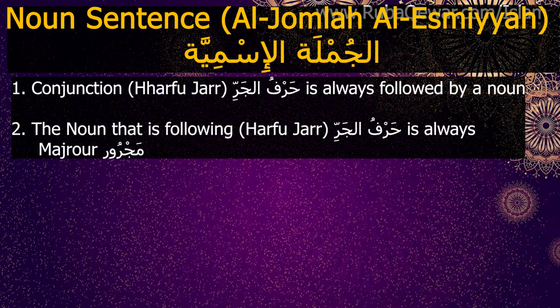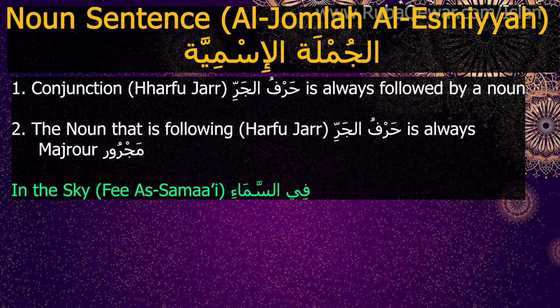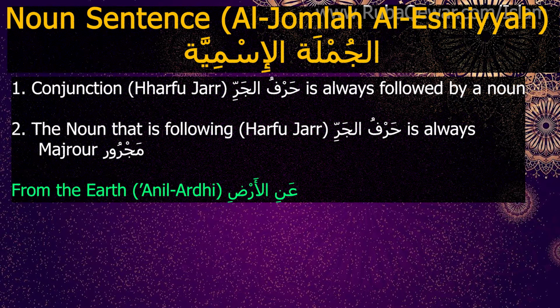So for example, when I say في السماء, مجرور كسرة. في حرف الجر, السماء مجرور. And I'm going to give you also the نحو for it, the إعراب, in just a second. في السماء, عن الأرض.